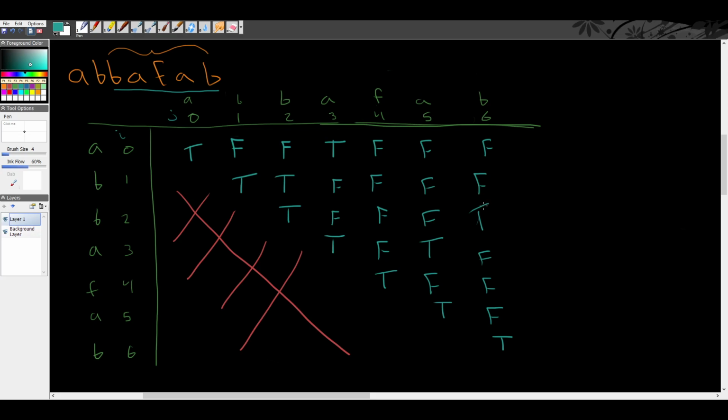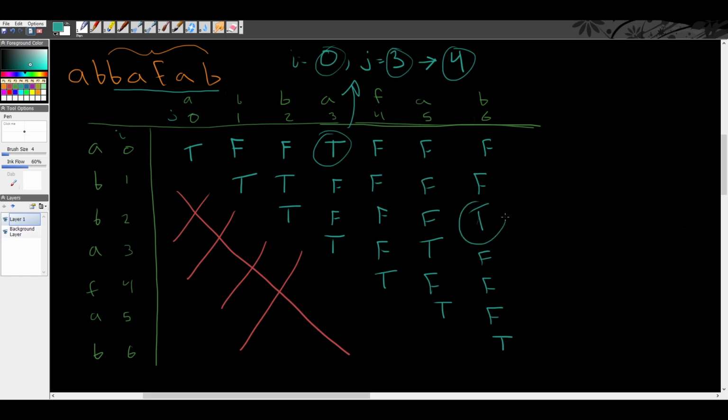But the more simple way of doing it is that every time you compute a true, you remember, hey, I equals 0, J equals 3. So we have a palindrome of size 4, 3 minus 0 plus 1. We could remember these indices and then return that substring at the end.